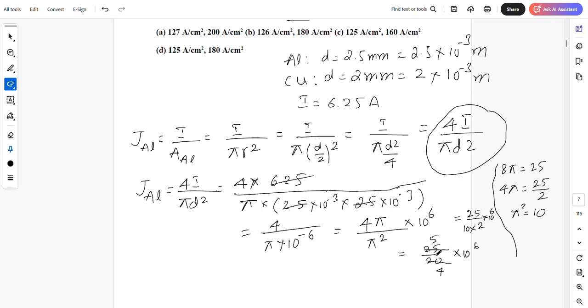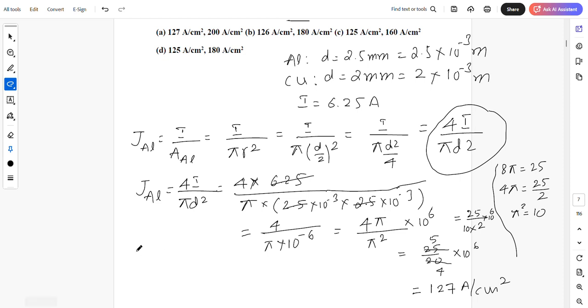How much we are getting here? 5 by 4, approximately 1.25 or 1.27. We can write 127 ampere per centimeter square. Okay, that is for aluminum.